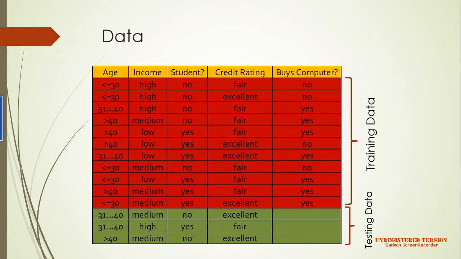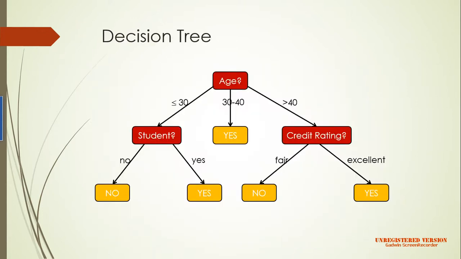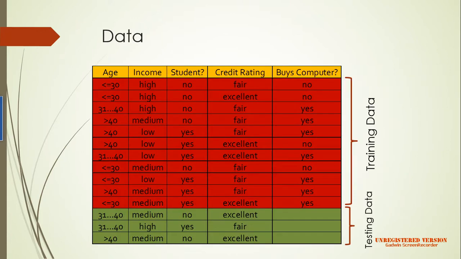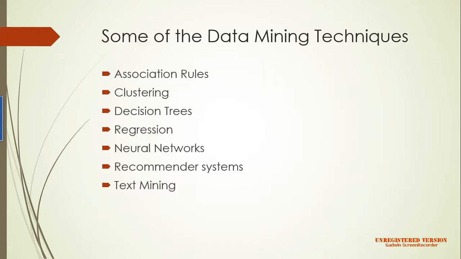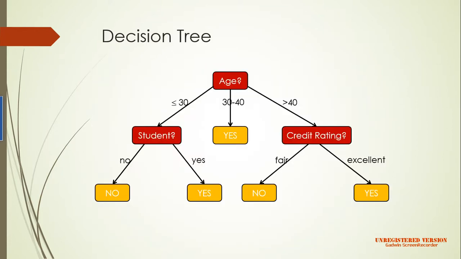Now take this example and the testing data. The first customer is 30 to 40, so he is going to buy the computer as this node says. The second customer is also 30 to 40, so he is going to buy the computer. The third customer is above 40 years of age, so we need to check the credit rating.